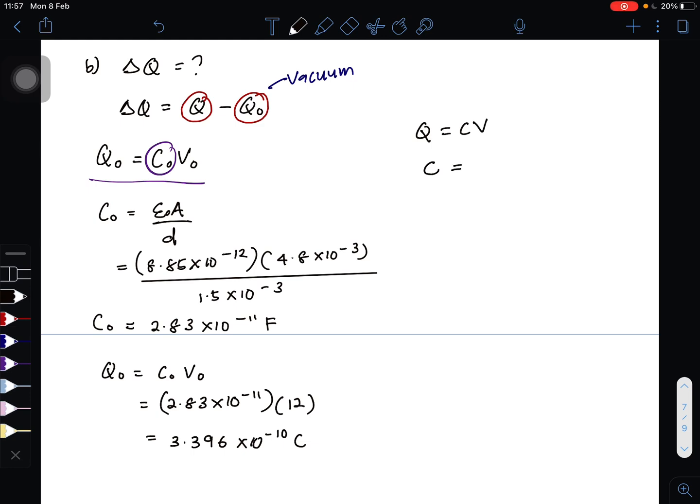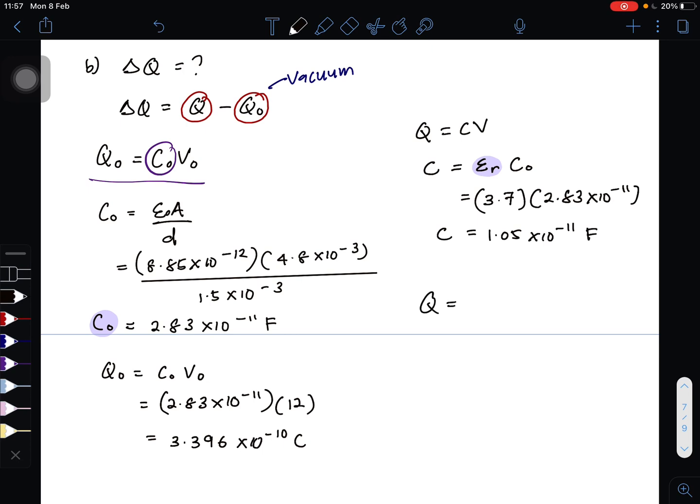Since we have C0, C will be equal to epsilon R times C0, because capacitance increases when the dielectric is inserted. The dielectric constant given is 3.7, and C0 is 2.83 times 10 to the negative 11, so the capacitance is 1.05 times 10 to the negative 10 farad.